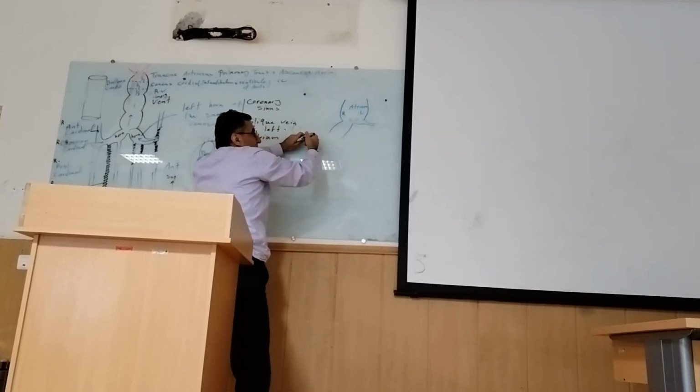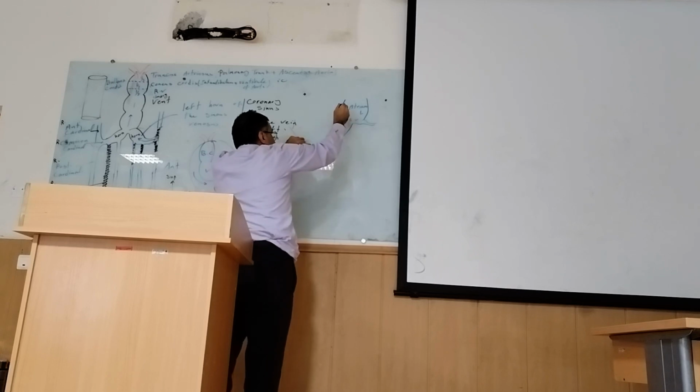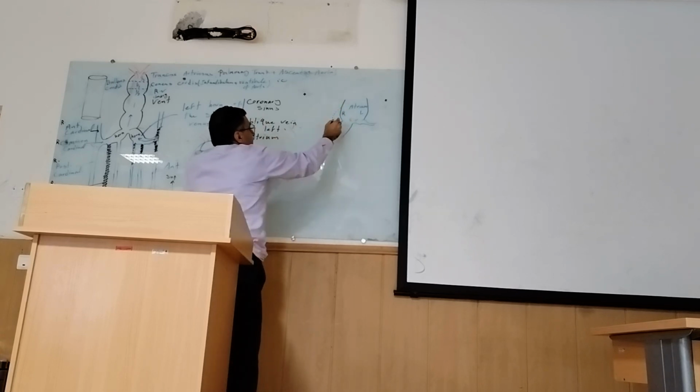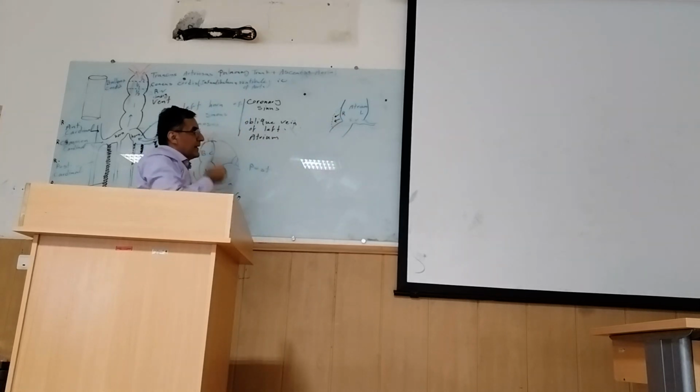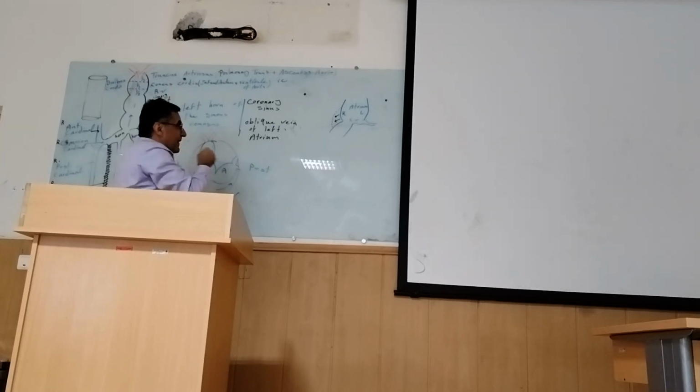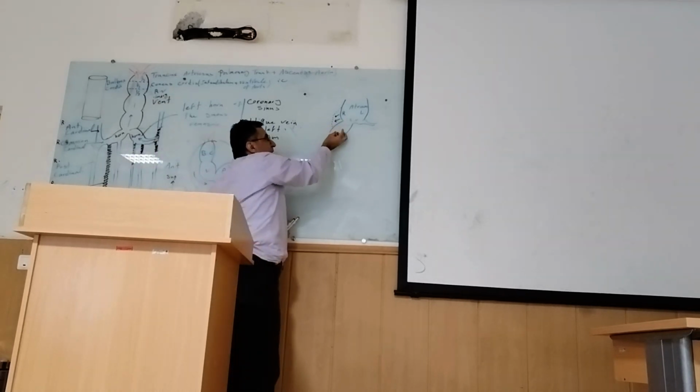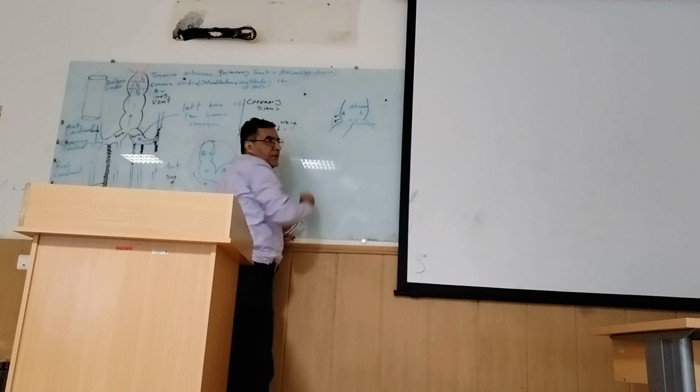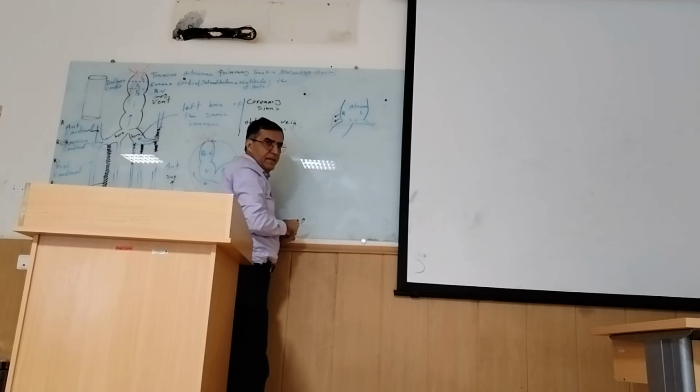If the right atrium becomes larger, like in these pictures, automatically the sinus venous becomes part of the right side of the atrium.